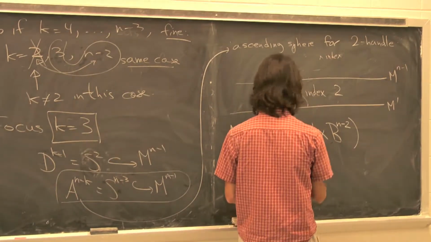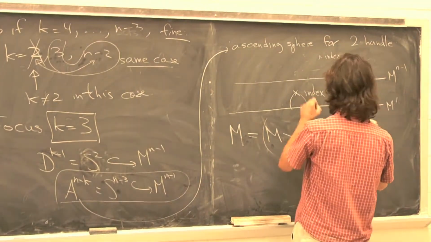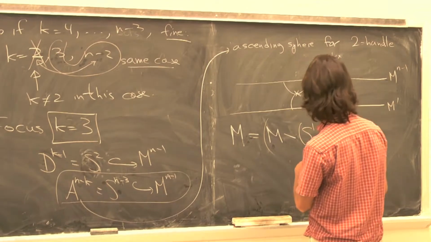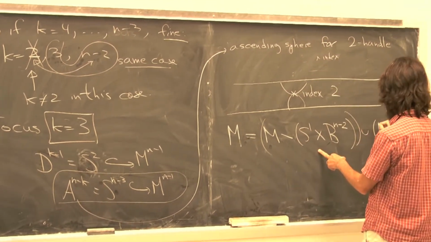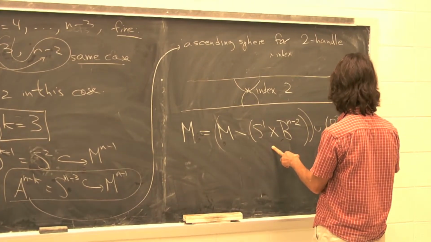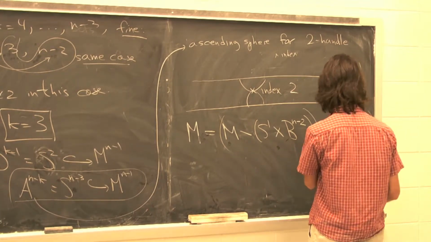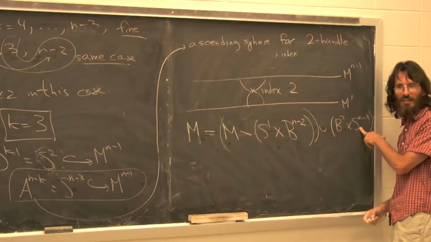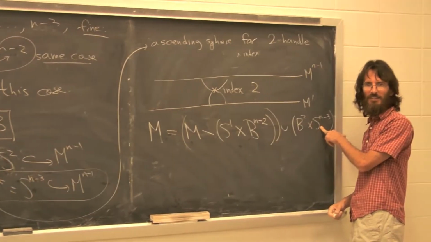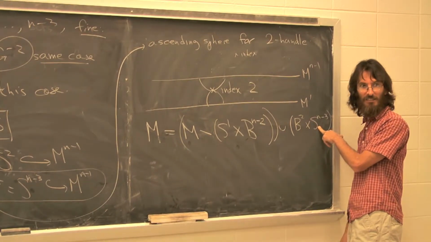And then I glued into that the ascending sphere, which is B2 cross S^(n minus 3). And it's this S^(n minus 3) that I glued in whose complement might be simply connected, right?